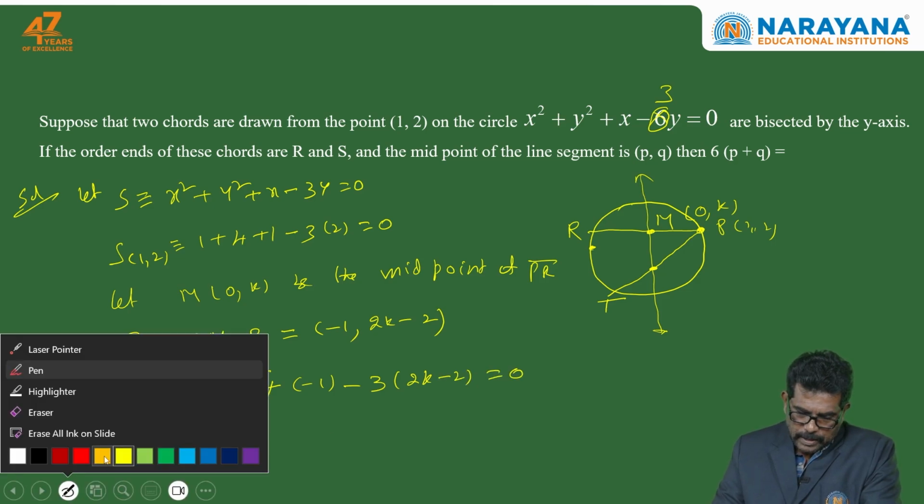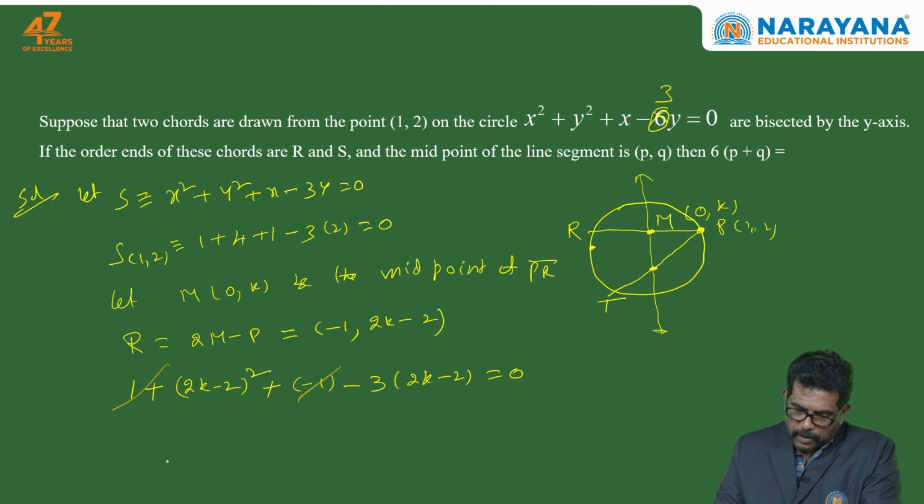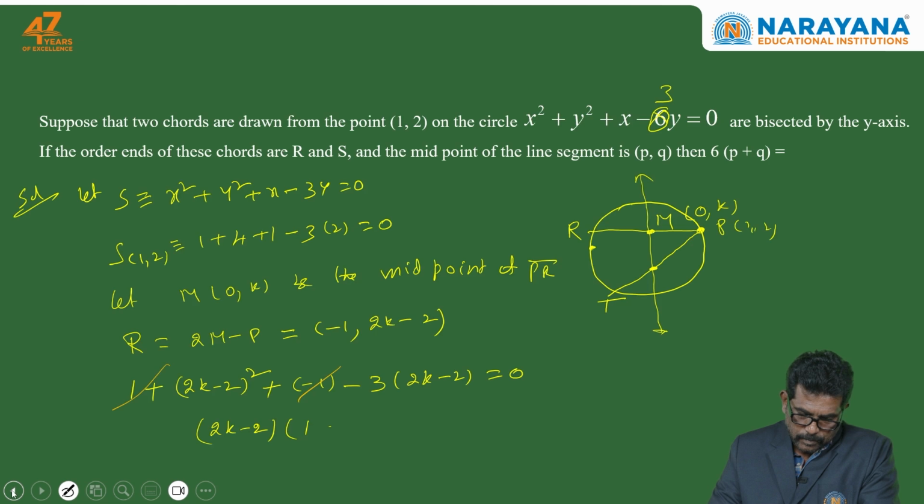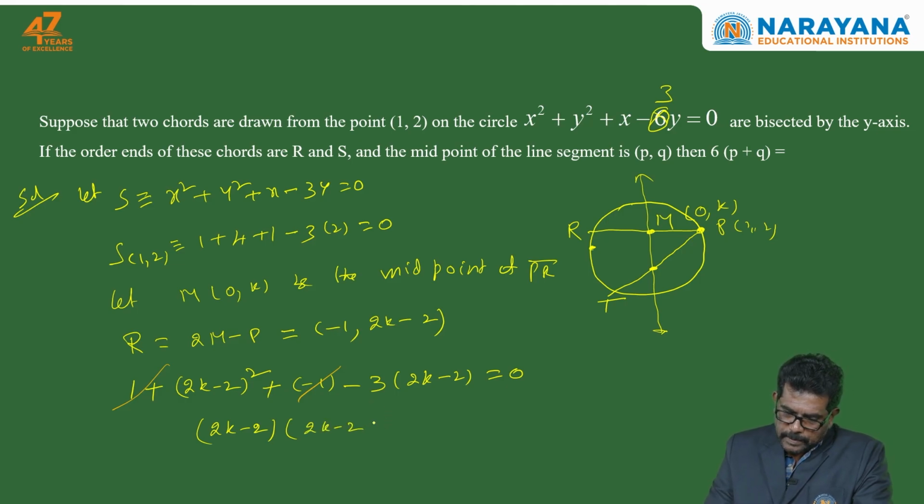Now it is very clear, plus 1 minus 1 are gone and both terms have 2k minus 2 common. By taking 2k minus 2 common, we get (2k minus 2) times (2k minus 2 minus 3) is equal to 0.